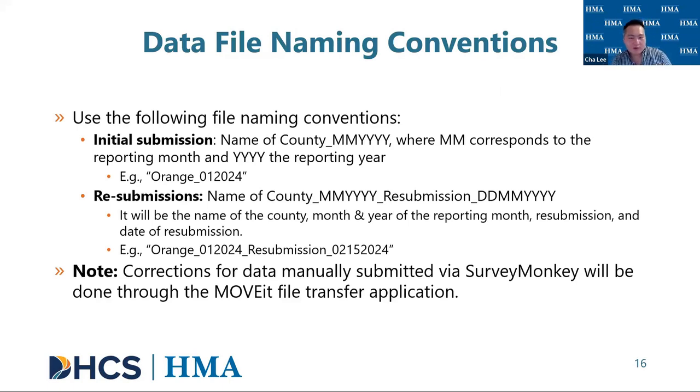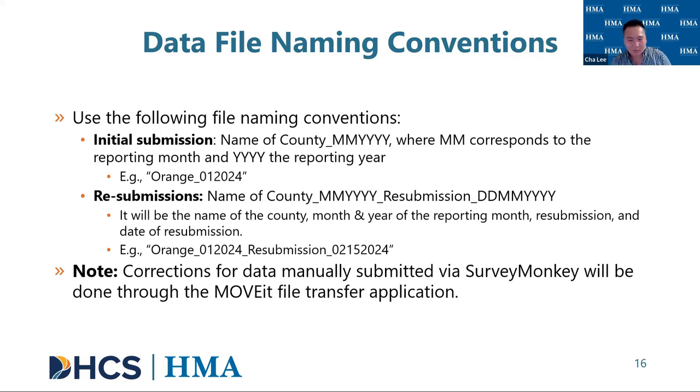Naming convention. So this slide right here depicts the data submission procedure. Following the report timeline, counties will submit data quarterly in monthly batches. Please use the following naming convention. For initial submission, we want the county to use the name of the county, month and year of the reporting month. Month corresponds to the reporting month, year corresponds to the reporting year.